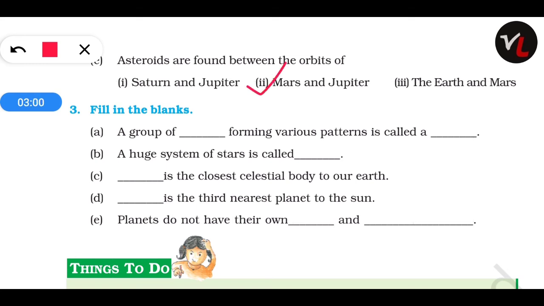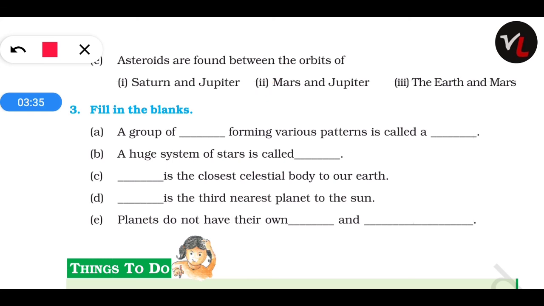Fill in the blanks. A group of dash forming various patterns is called a dash. The group of stars. Group of stars forming various patterns is called constellations. A huge system of stars is called a galaxy.